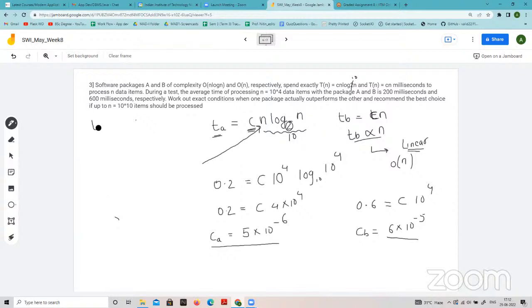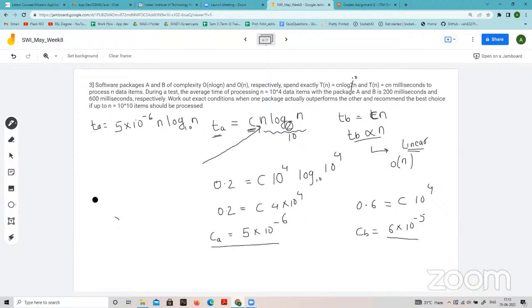So what is my first function? That is TA. I can say that it is 5 into 10 raised to power minus 6, just substituting the value of C, right? N log N. Please note this log is base 10.